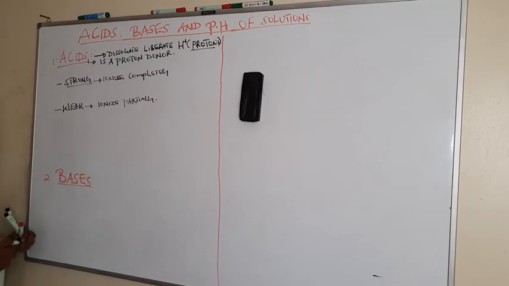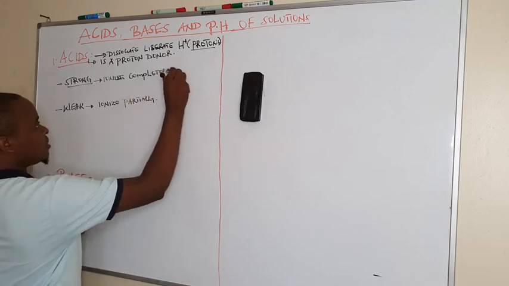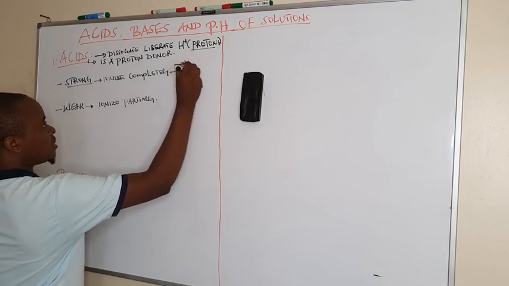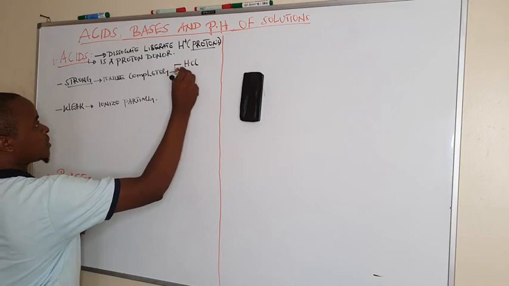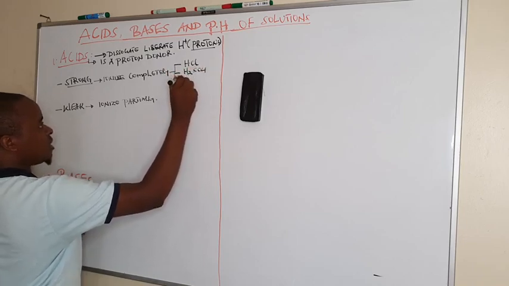Examples of strong acids include hydrochloric acid, sulfuric acid, and nitric acid.